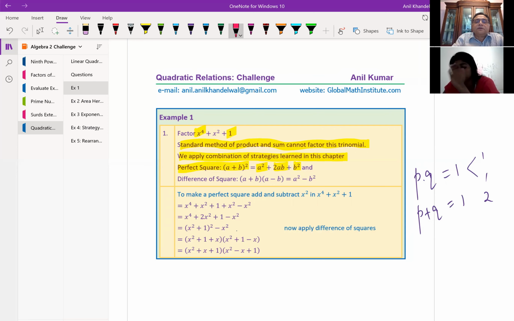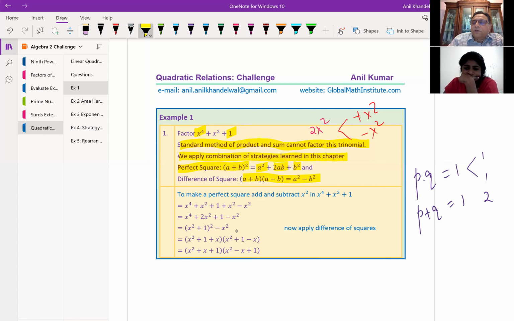But in the center, I just need 2x square, right? I need 2x square in the center. So that gives us a clue that we should be doing what? We should be adding and subtracting x squared, correct? In the equation, then we can make a perfect square. So that is one part. And the second is that once we get that kind of a half factored thing, then we can do difference of squares and factor it completely.